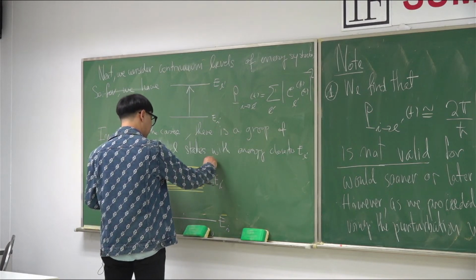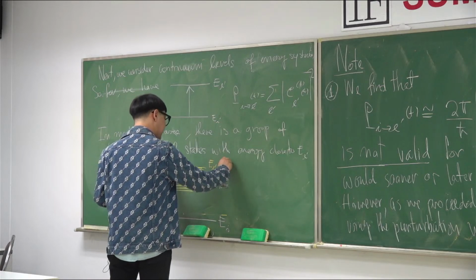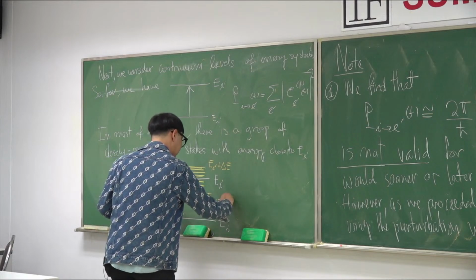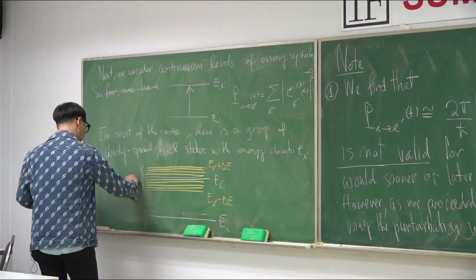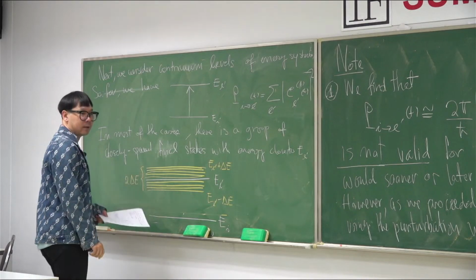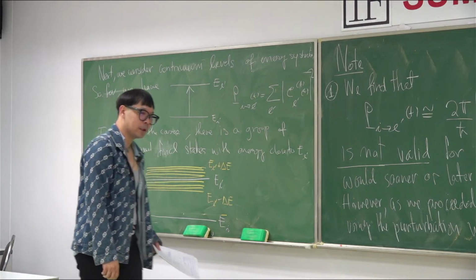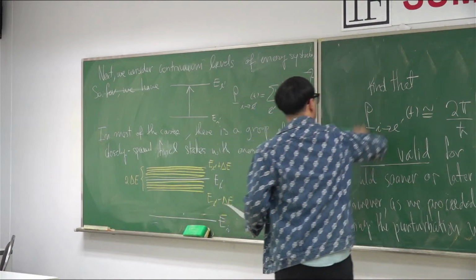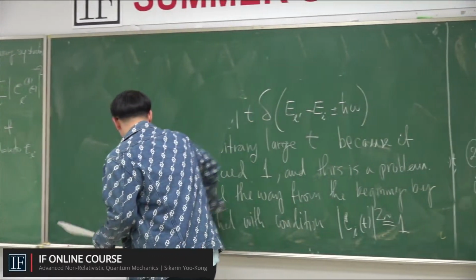And so this is, say, E_l prime plus delta E, and the lowest is minus delta E, and the width is 2 delta E. Right. Okay. So we get this kind of spectrum. Okay. So what we are going to do next is to look at this kind of system.